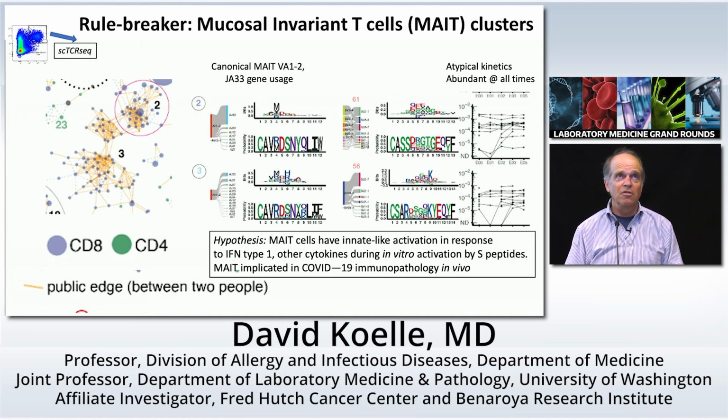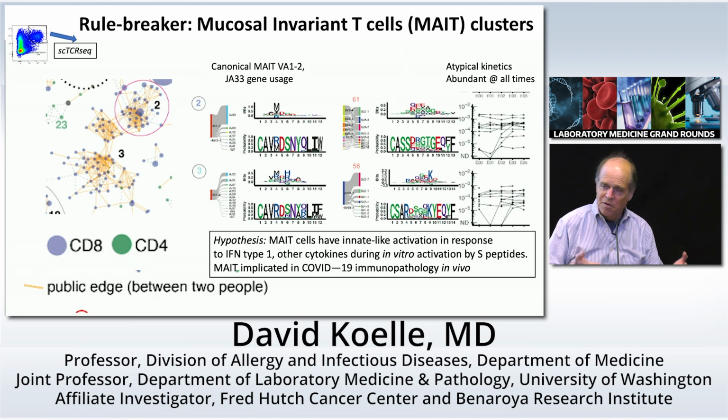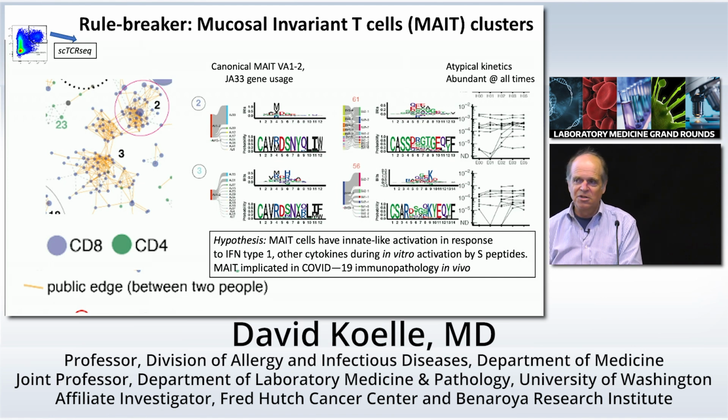They turned on during this peptide stimulation shown on the upper left. And again, I've lost my cursor already. But they were sorted because they got activated. And the hypothesis is that they got turned on in that cell culture pot by interferon and other cytokines that were in there. But when you think about the in vivo situation, actually these innate spectrum cells have been implicated in both protecting experimental animals against certain infections and also immunopathogenesis.